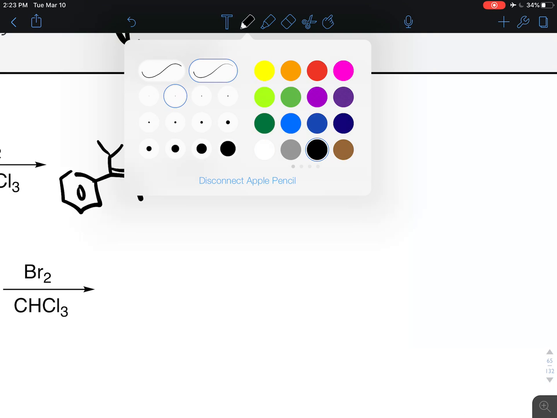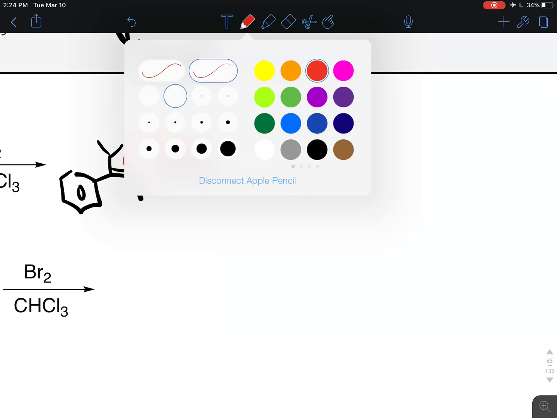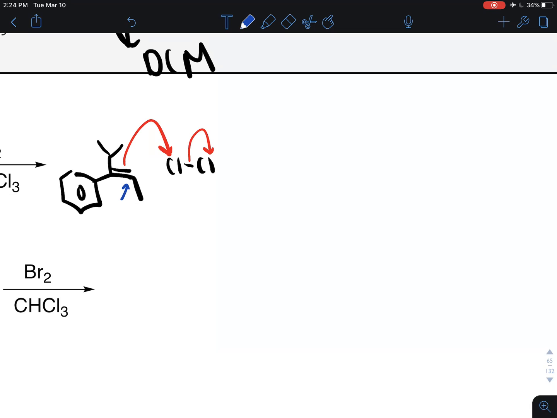The mechanistic arrows would be that nucleophilic pi bond attacking the chlorine, and that also breaks the chlorine-chlorine bond to facilitate the formation of free chloride. But why it's called concerted is that the minute that pi bond attacks this chlorine, we start to develop some partial positive character there because we're taking electrons away from that position.